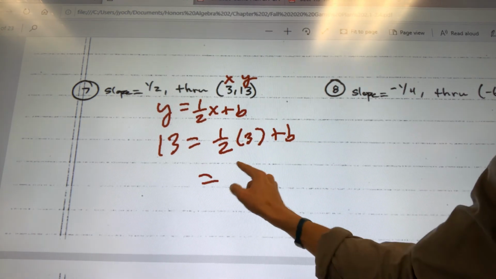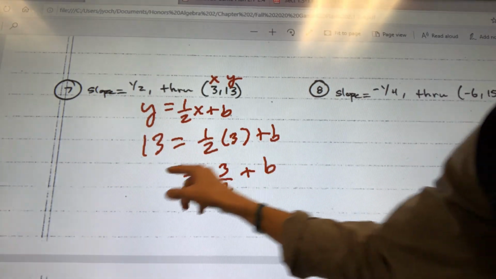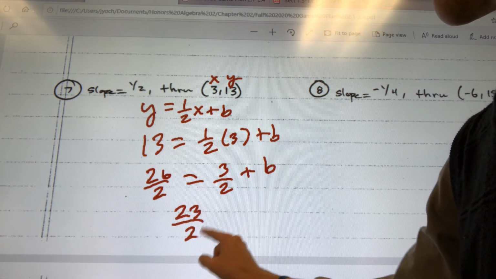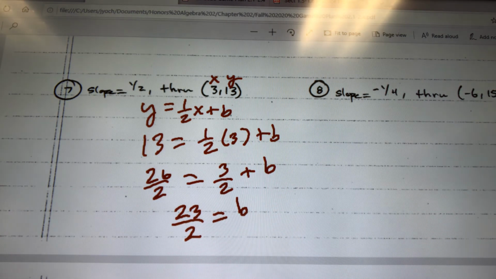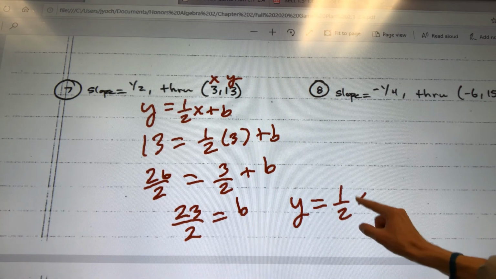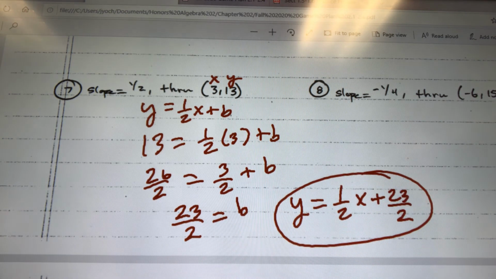All right, so this is 3/2 plus b. 13 is 26/2. 23/2 is b. Put it all together. y is 1/2 x plus 23/2. So you get fractions. You take calculus with me, pre-calc next year, you'll get more fractions.